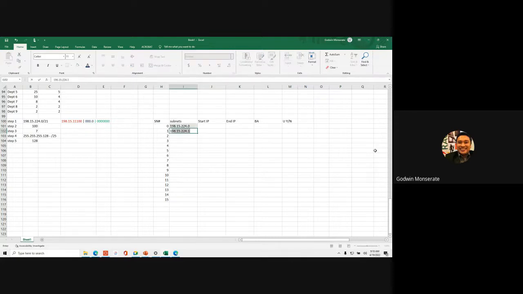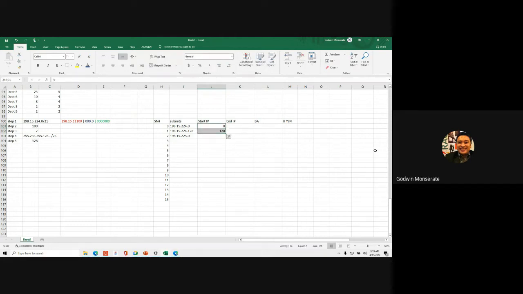So, 198.15.224.128. What's next? 128 plus 128 is 256. We don't have 256. So, meaning, 198.15.225 dot, what? 0, sir. 0. Meaning, the range is 0 and 128.